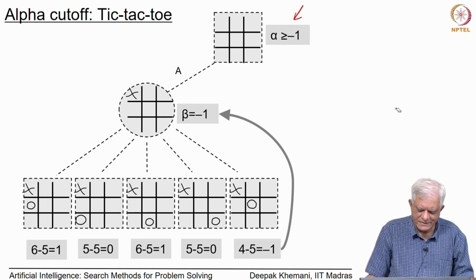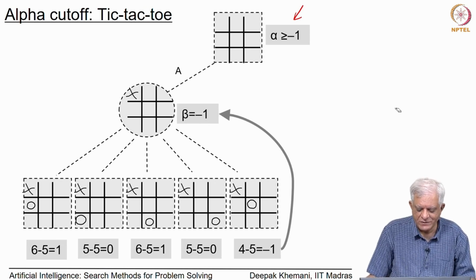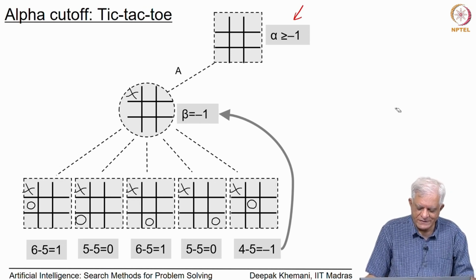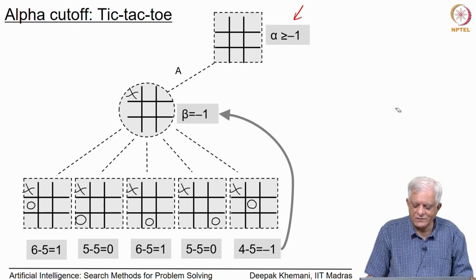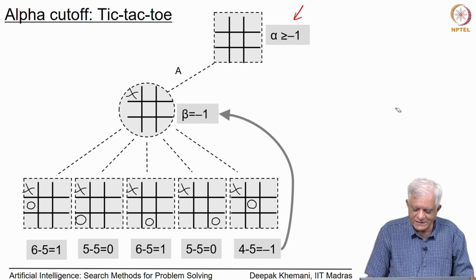This child is fully solved and we know its value exactly, and it is offering a value of -1 to the root node, which is the max node. So, max has got -1 from this beta child, and so it is only going to look for values which are higher than -1. So, max continues its search in that fashion.